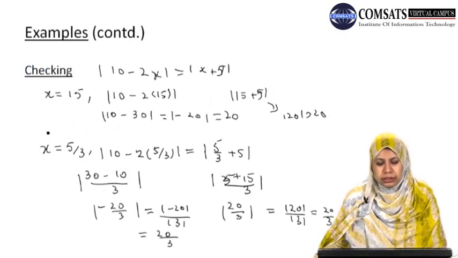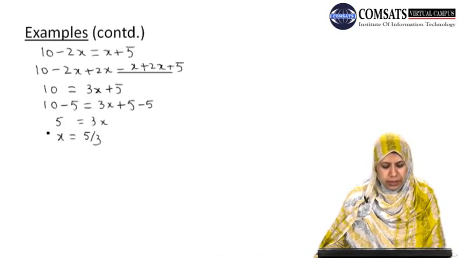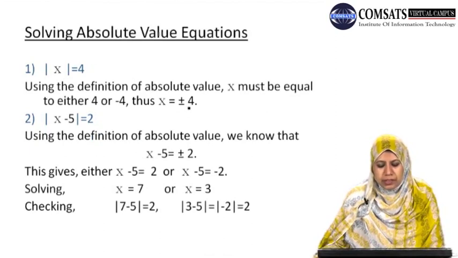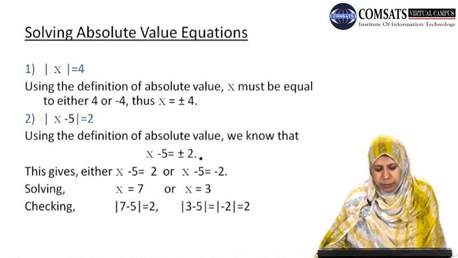Before going to the inequalities of absolute value, what we have observed in our examples is that whenever we remove the absolute value sign, these vertical bars, we introduce the plus minus sign on the other side of the equation. In the second example we have removed the absolute value and introduced the plus minus sign on the other side of the equation, here plus minus 2, and from here we obtain two possibilities, two equations to find the values of x.